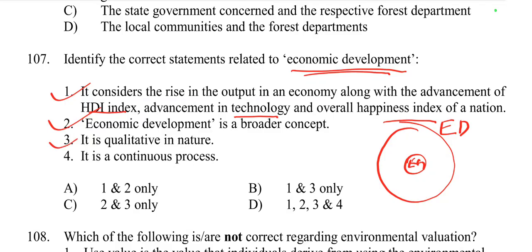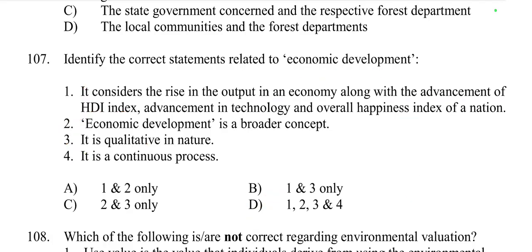Yes, economic development is qualitative. Economic growth is quantitative, only a rise in quantity, but economic development means quality, a change in the qualitative nature. Then it is a continuous process. Yes, development is a continuous process. So all of the above are true according to the economic development concept. So option number D is the right choice.